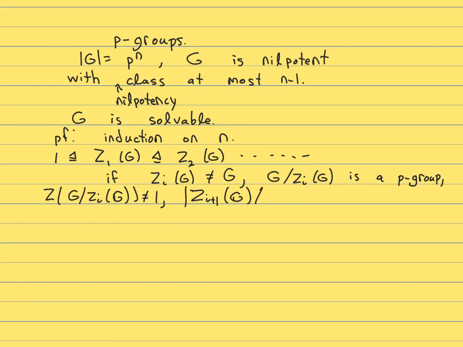That means that this quotient has to have at least p elements, which means that Z_{i+1} of G has at least p times as many elements as Z_i of G, whenever the ith central group is not equal to G.